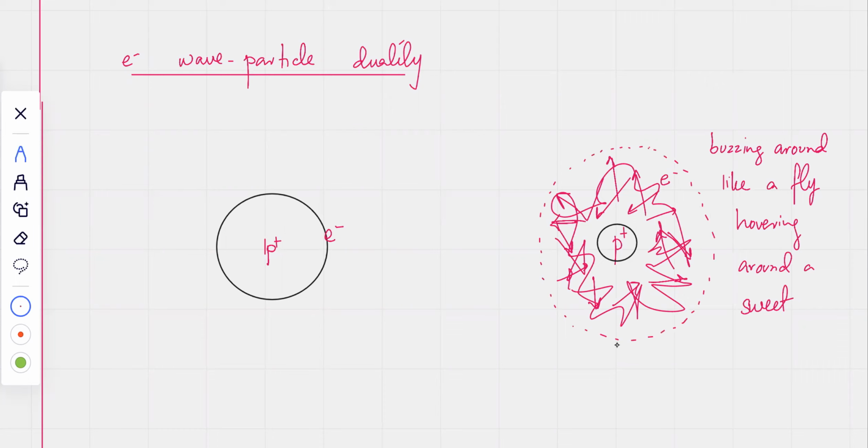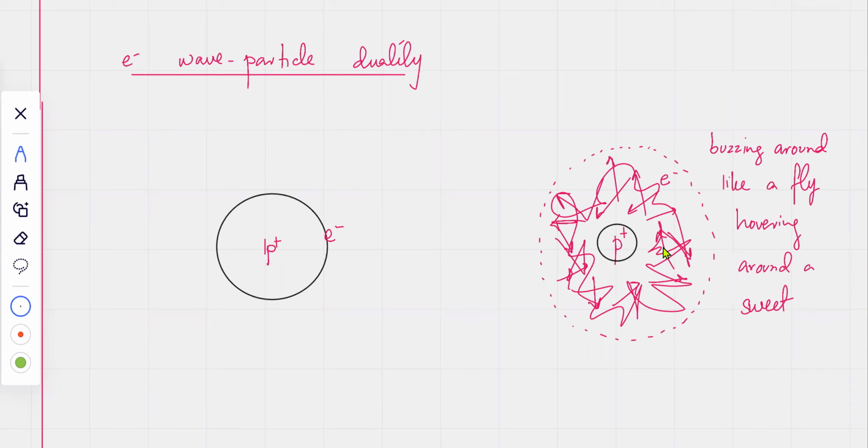And the same thing happens for an electron, because the electron is moving very, very quickly. It is a subatomic particle, and it would be buzzing around the positive nucleus, attracted to it. Just think of the blades on the fan.